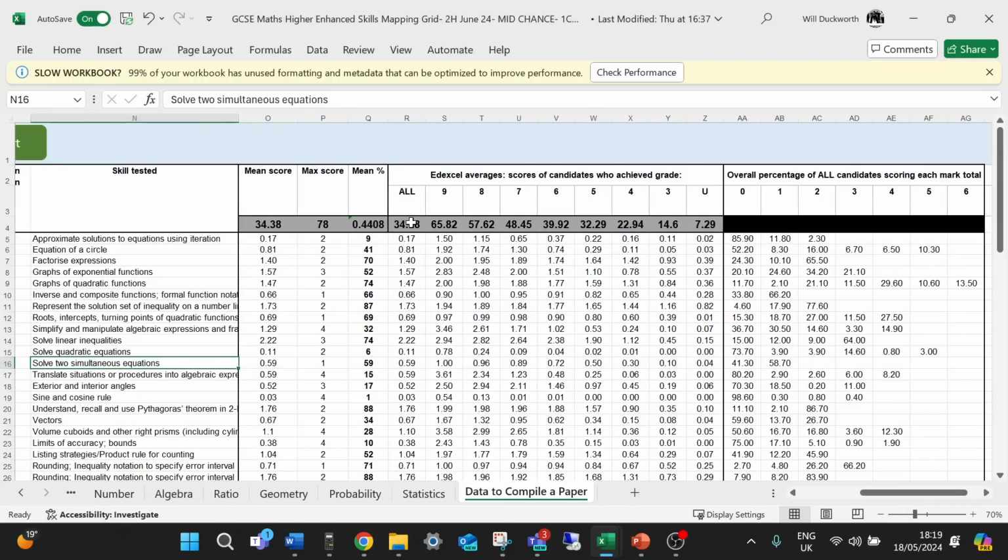I'm not overly convinced that these are particularly accurate, but based on past data, it suggests roughly that on that paper you needed 23 marks for a grade 4, 32 for a 5, 39 for a 6, 48 for a 7, 58 for an 8 and 66 for a 9.